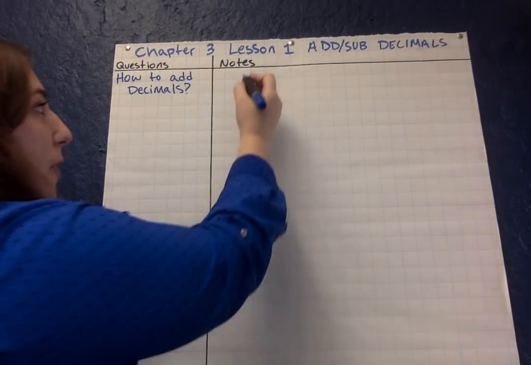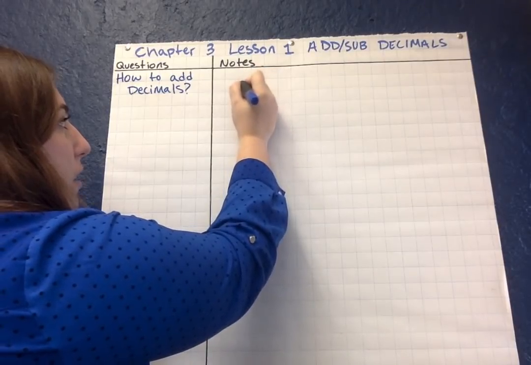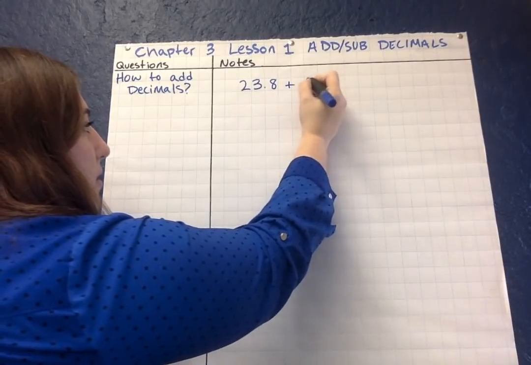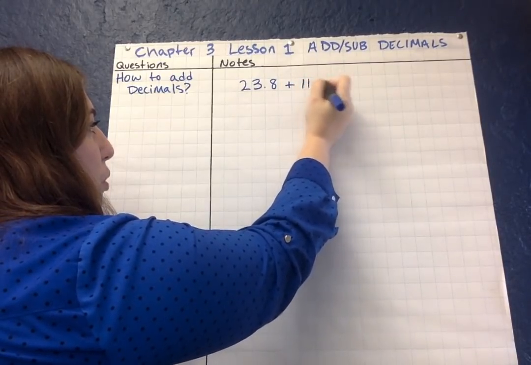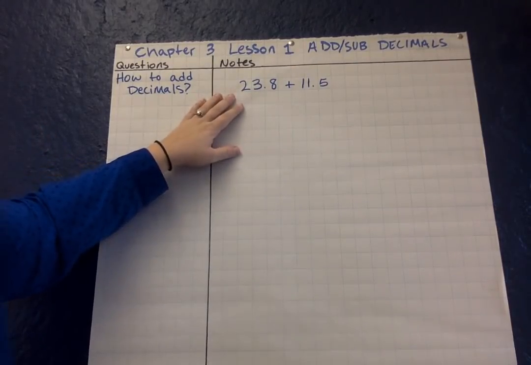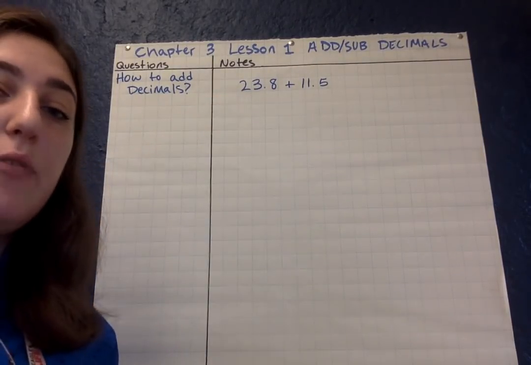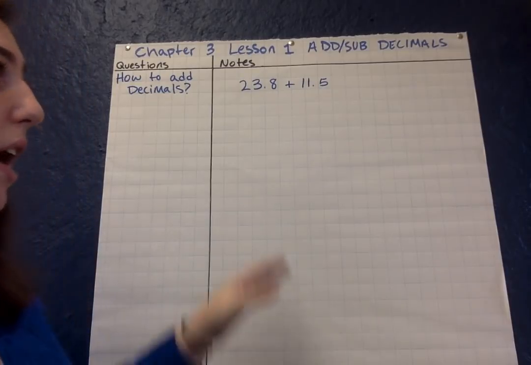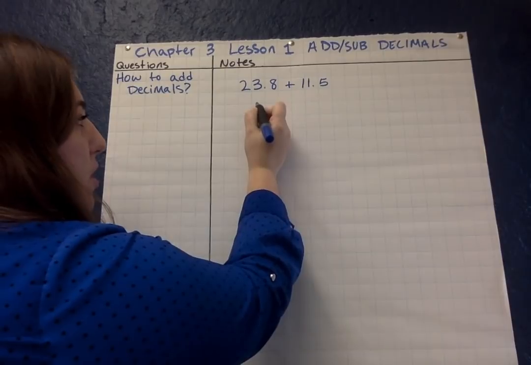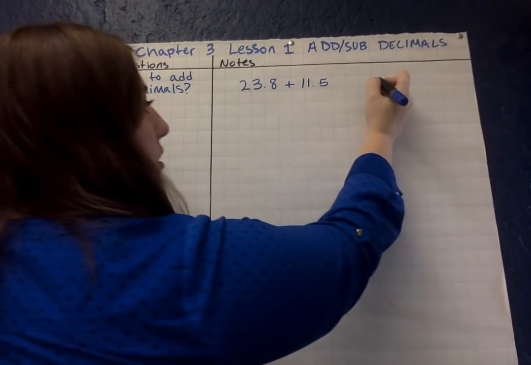Okay, so if I'm adding something like 23.8 plus 11.5, all I have to do is rearrange it so it looks a little different and I'm lining up my decimals. I can definitely add like this, but it might be easier to rearrange it so it looks like this.